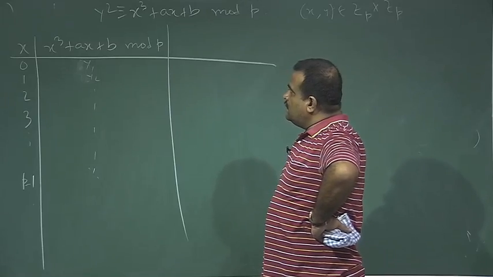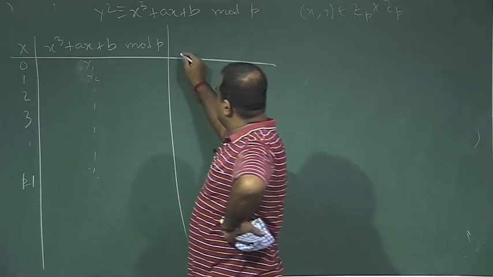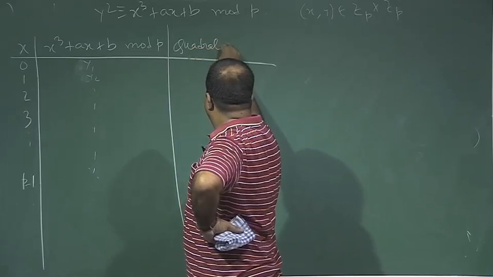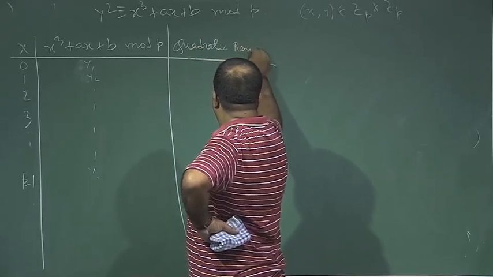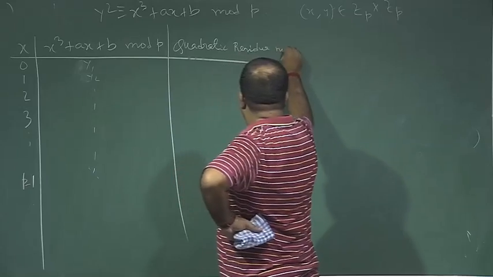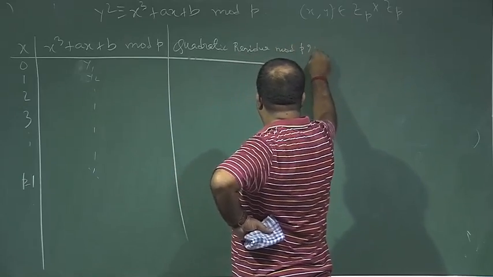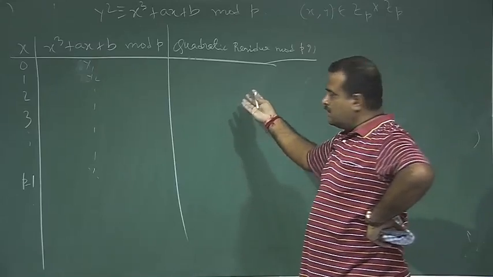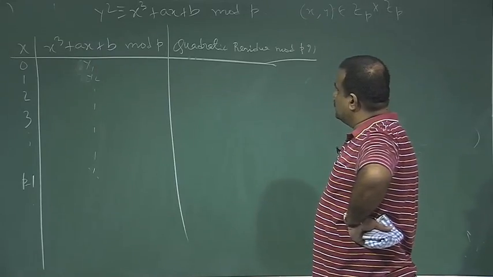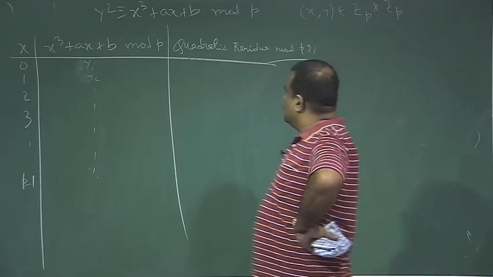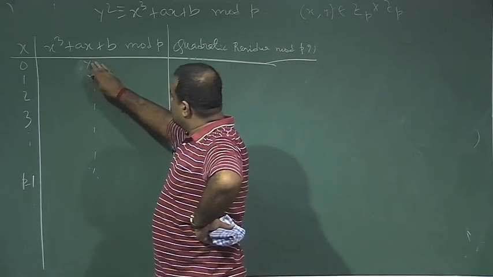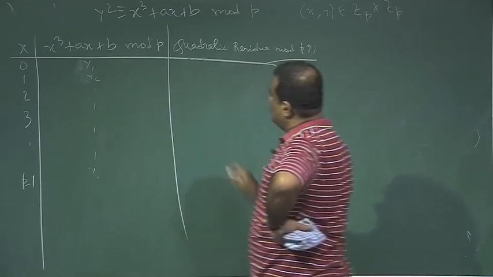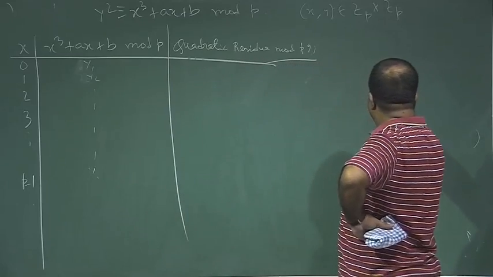So, if you recall the quadratic residue, we have to check whether this is a quadratic residue mod p or not. We have seen that, we will again recap what the quadratic residue is. So, we check whether this quantity is a quadratic residue or not. That means, we say x is a quadratic residue.